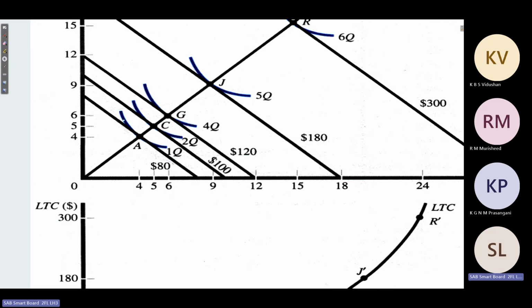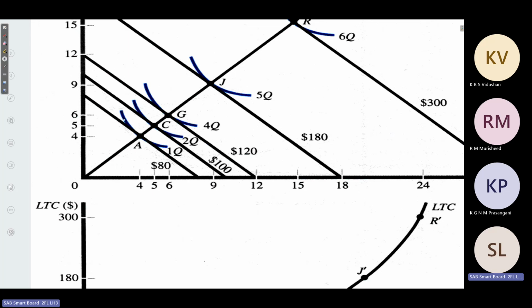And how much should it incur to produce this level of output? It should incur $80.